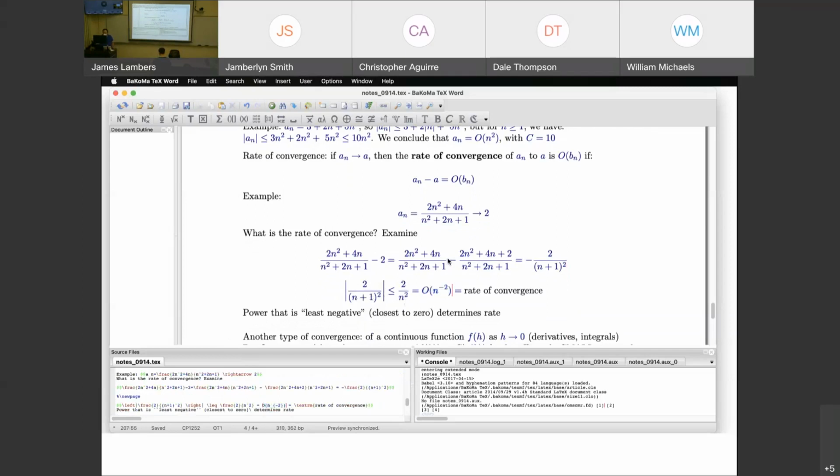As n increases, the difference between a_n and the limit 2 is proportional to 1 over n squared. So that's fairly rapid convergence. It'll be much faster than, for instance, if the rate of convergence turned out to be order 1 over n.